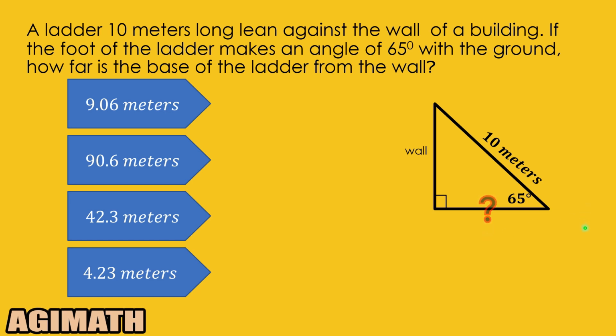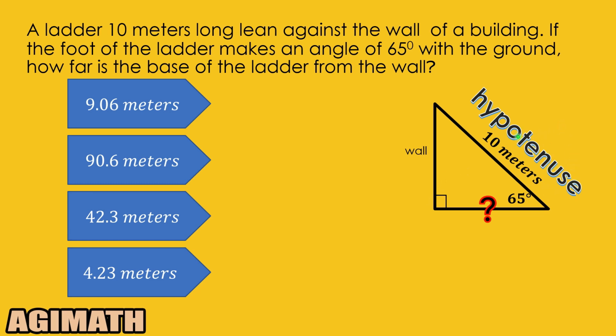So now, to solve this problem, just focus on the given, especially the given angle, 65 degrees. Next, ask yourself, with respect to this angle, what is this 10 meters? You will know that it is the hypotenuse because that is opposite of the right angle. It will not change.